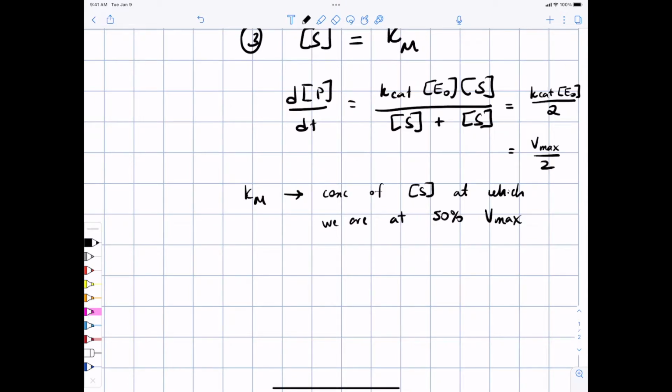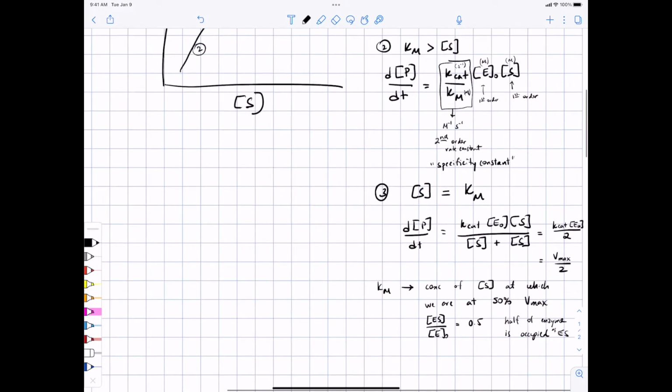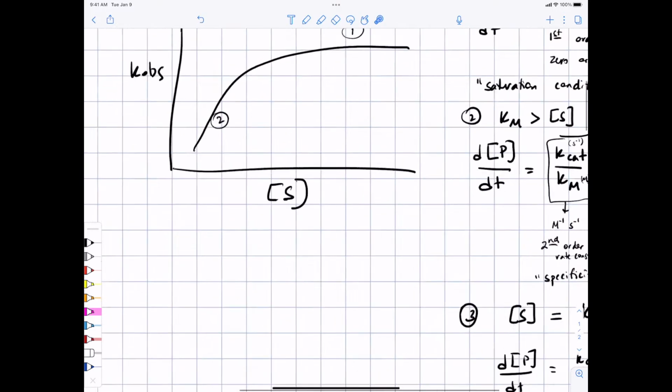And another way of saying that is at which the concentration of enzyme substrate complex divided by the concentration of enzyme total equals 0.5. That is, half of the enzyme is occupied as the enzyme substrate complex. Some people will say this is how Km is the constant that defines the steady state.